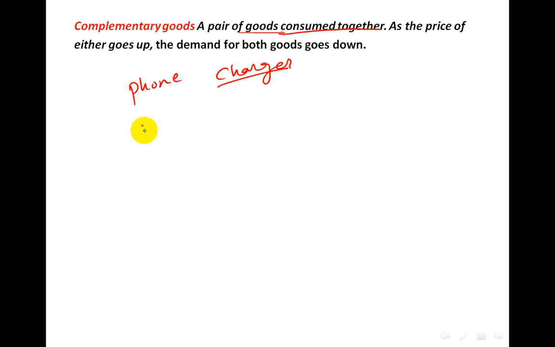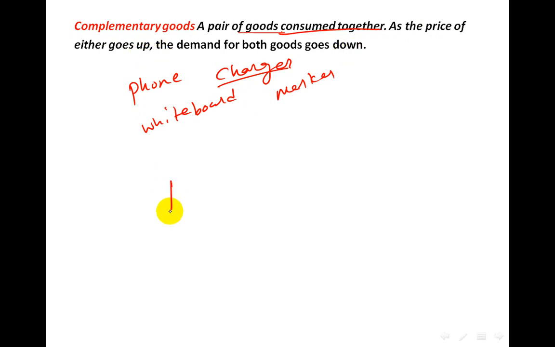For example, let's say whiteboard and the marker. Still, these two commodities are complementary goods. So how do I know that goods are complementary or not? Here it says that as the price of either goes up, the demand for both goes down.